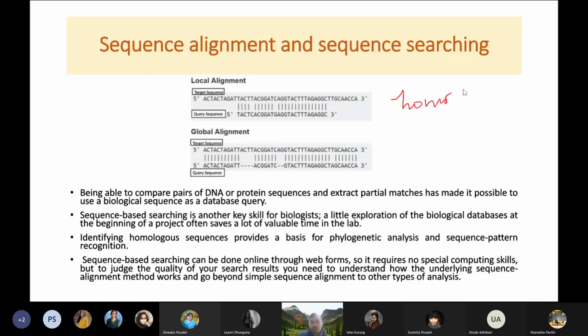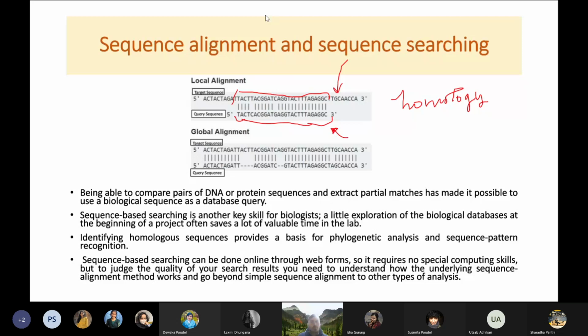Homology. दुईटाको sequence same छ भने, as you can see in local alignment, यसको same छ sequence. So what does that mean? Maybe यसको function, माथिको function, if you know the function of the upper region of this segment, then you can deduce the function of the lower segment as well, right? So this is the power of sequence alignment.